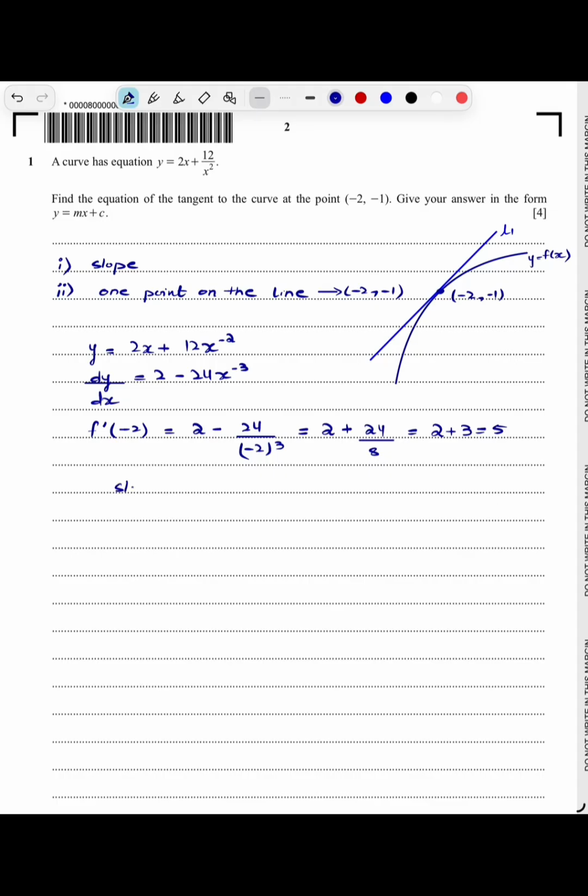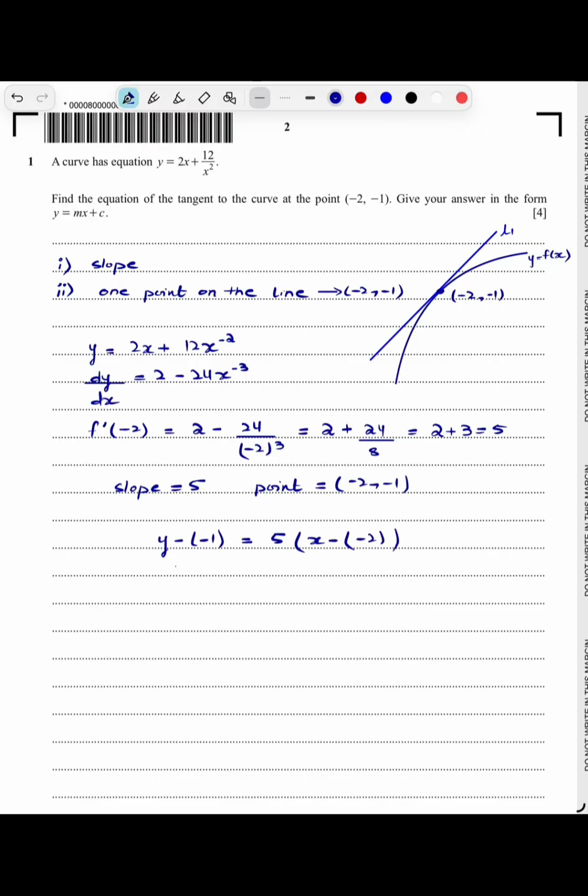We have the slope, which is equal to 5, and we have a point on the tangent line, which is -2 and -1, and that's all we needed. So y minus the y coordinate of this point, the slope is 5, times x minus the x coordinate of this point, -2.